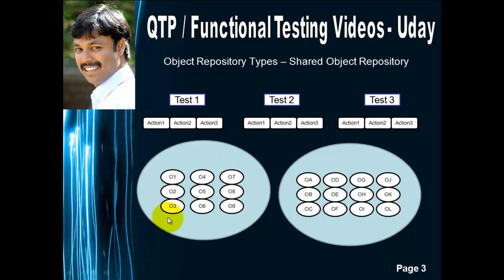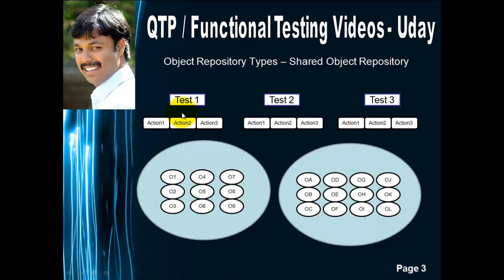Okay, so this is the representation for the shared object repository. Based on the application, I put some of the objects in one object repository and other objects into a different object repository. I will associate these two repositories to my test, so all the actions can use the same object.